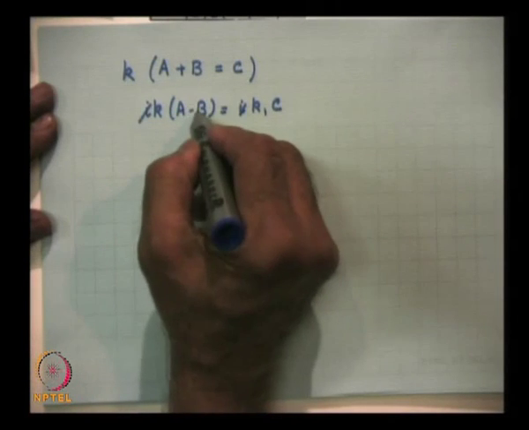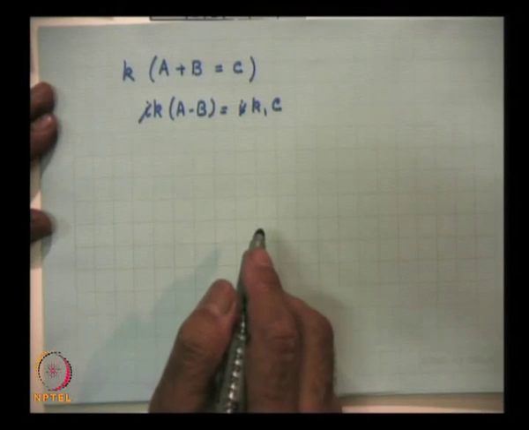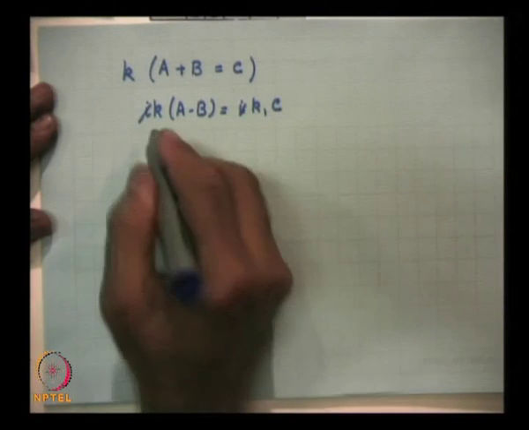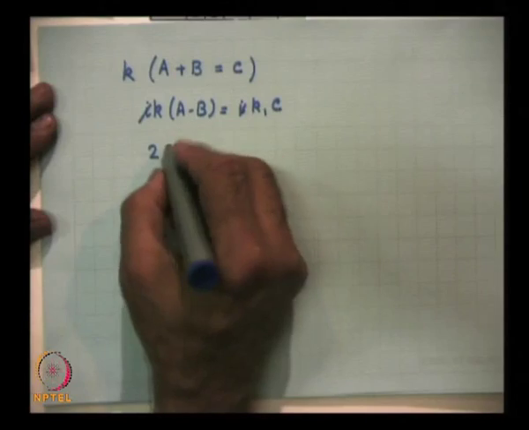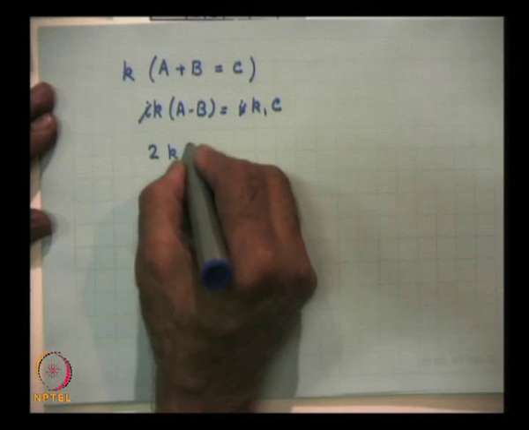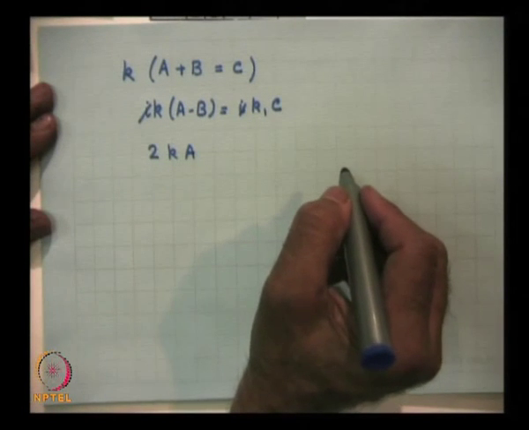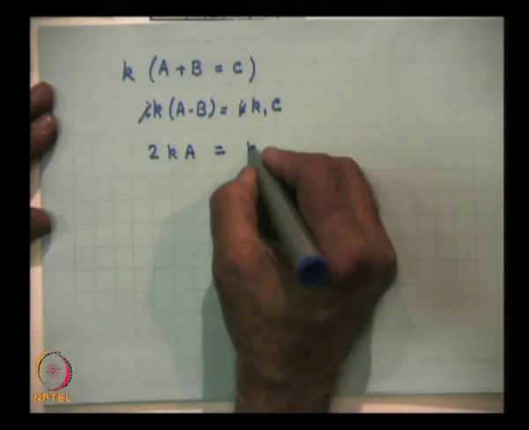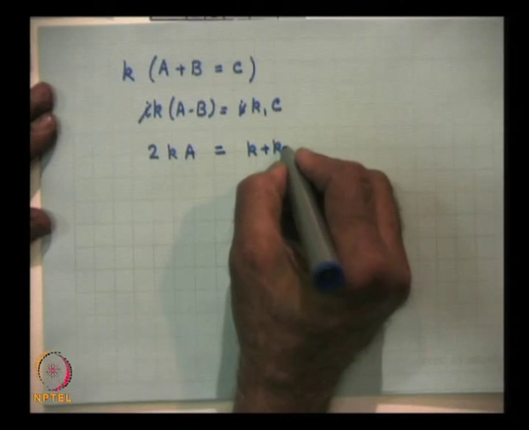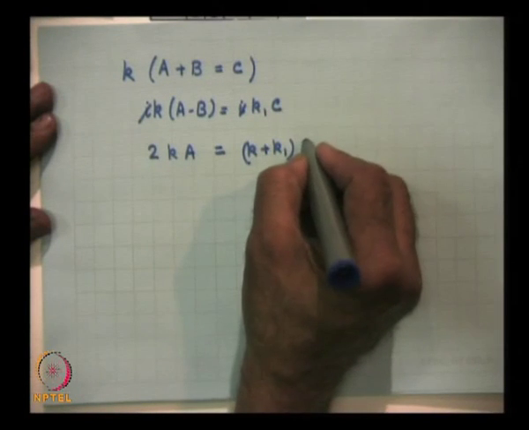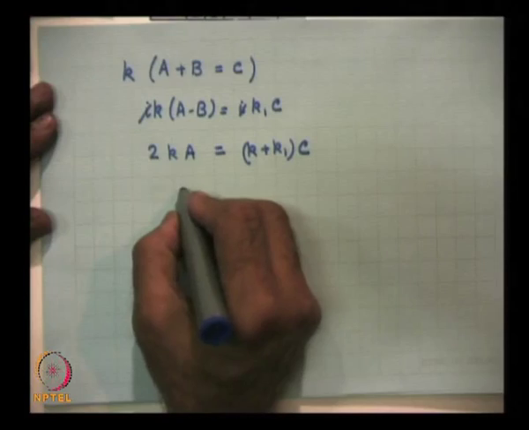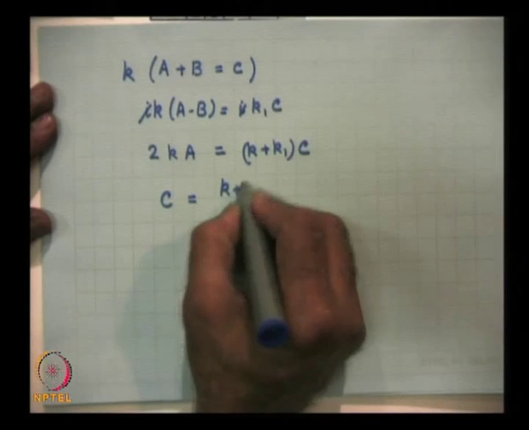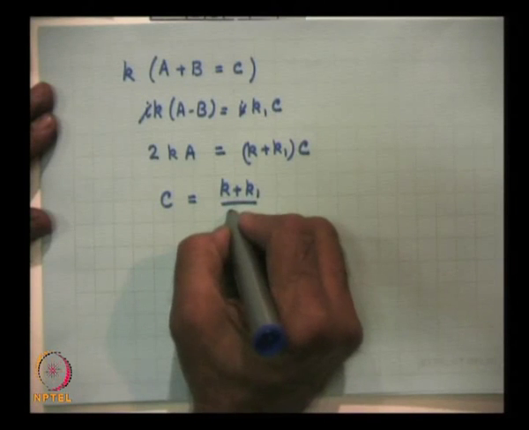So k b appears here, k b appears here, and then I add them. So the b's cancel out. So you get 2k times a is equal to k plus k1 into c. So you will obtain c is equal to 2k divided by k plus k1 times a.